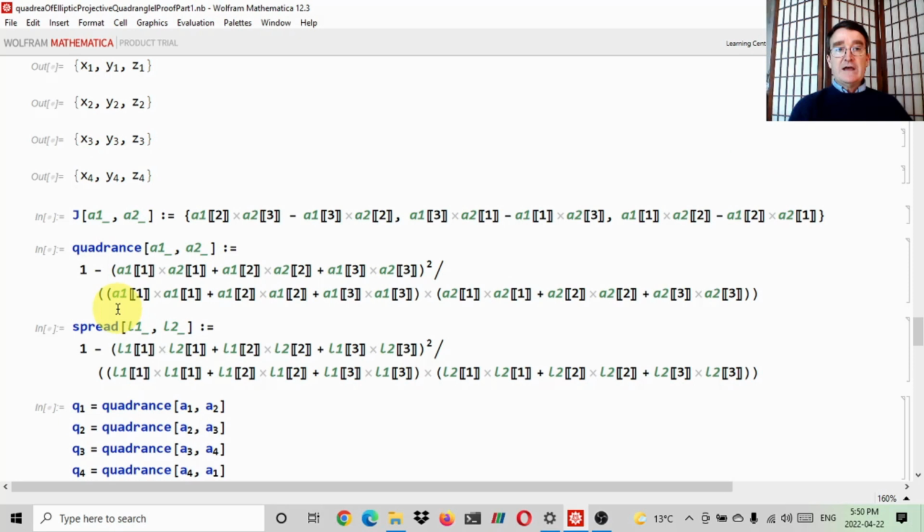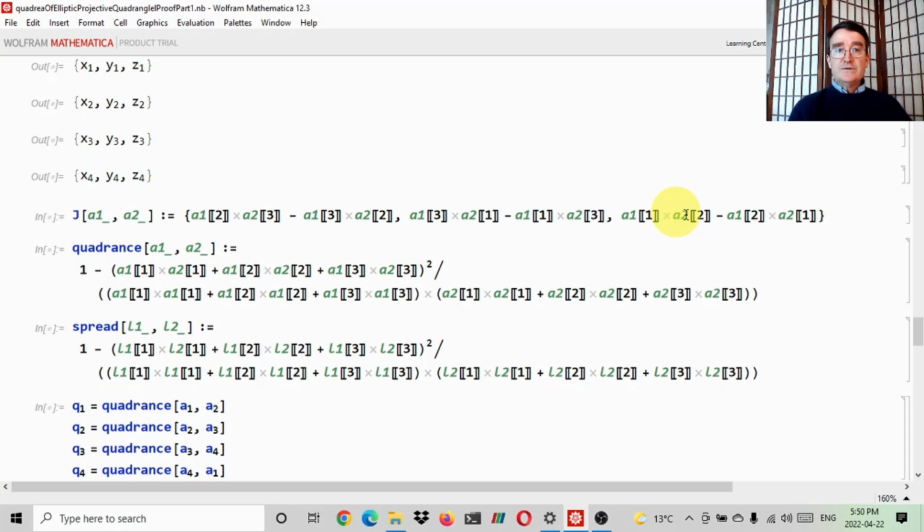So there's a plus sign here, and a plus sign here. And similarly for spread, we're using the quadratic form of elliptic geometry, and we get this with a plus sign here and a plus sign here. For hyperbolic geometry, we had negative signs here, but for elliptic geometry, we use a plus sign.